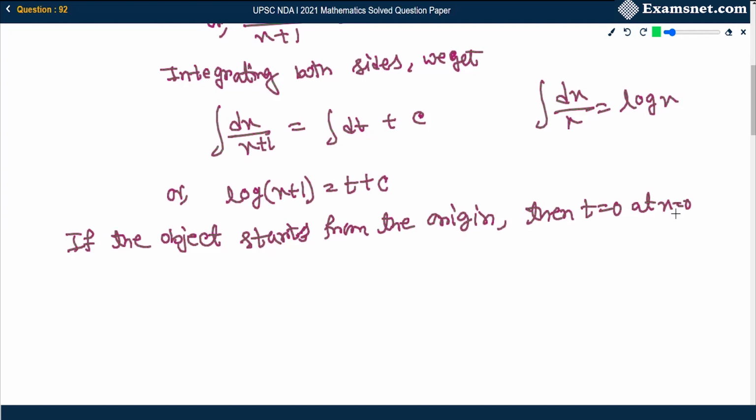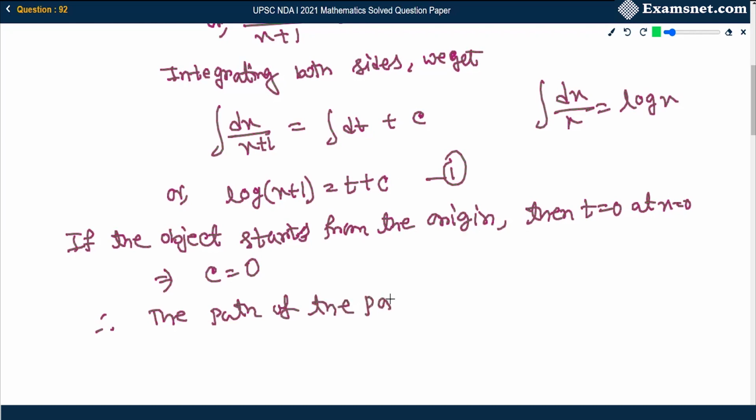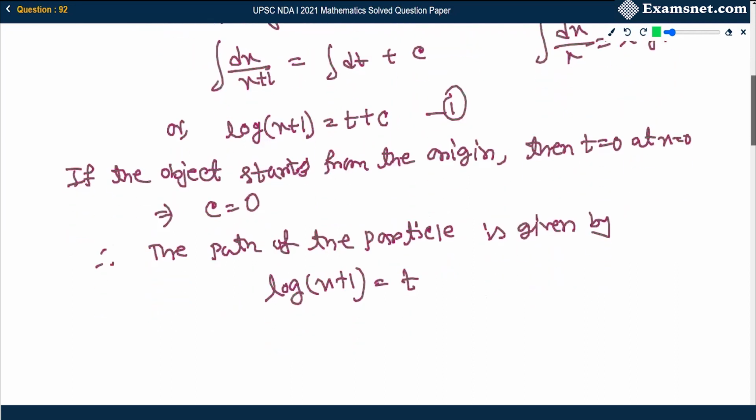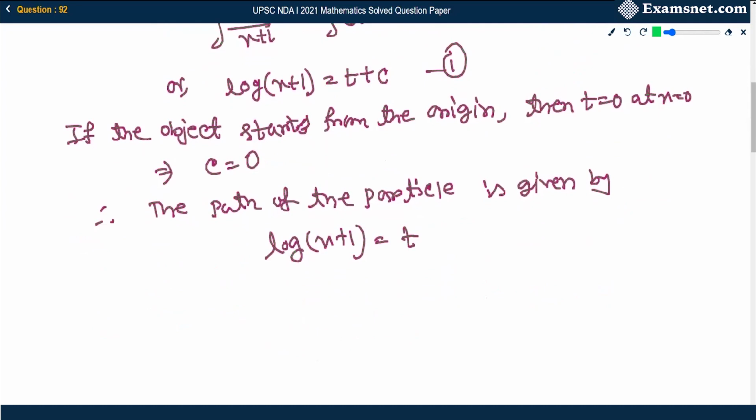No distance traveled. So let's name it equation 1. It makes c equal to 0. Therefore, the path of the particle is given by log of x plus 1 equals t, right? So the equation becomes log of x plus 1 equals t.